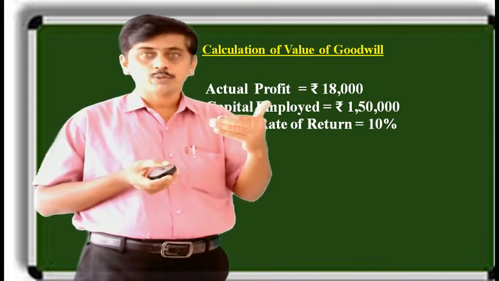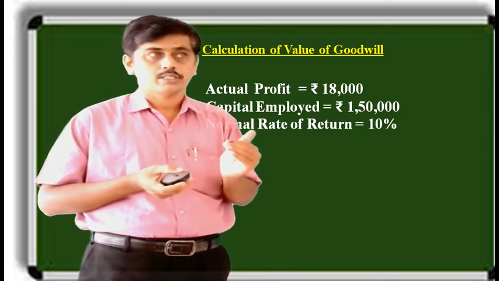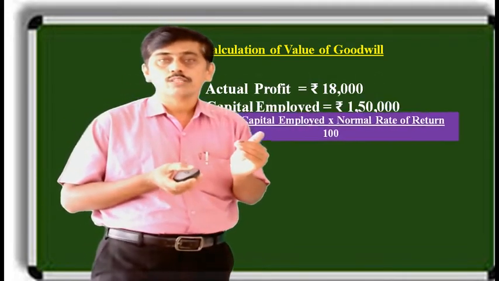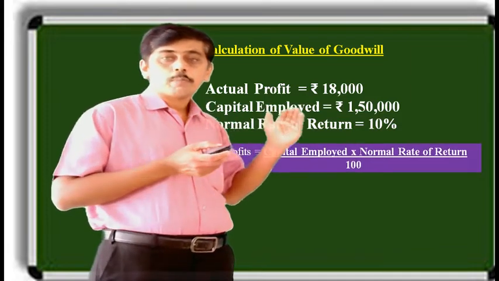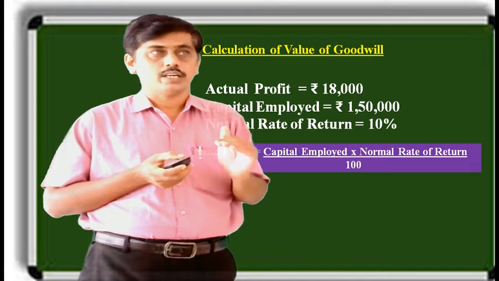For finding out the super profit, first we have to find out the normal profit. Normal profit equals, we know, capital employed into normal rate of return divided by 100.